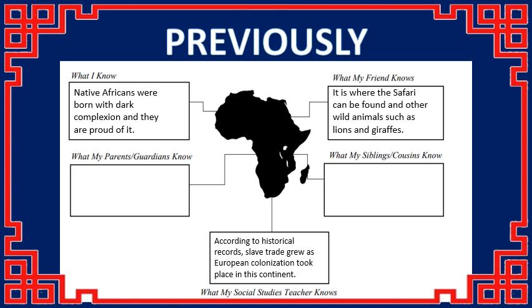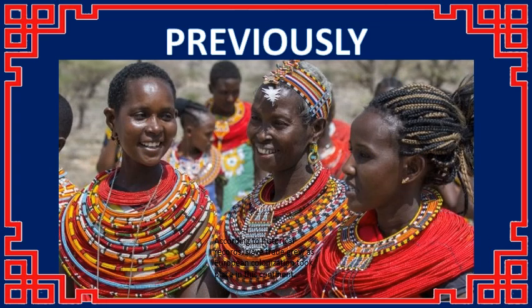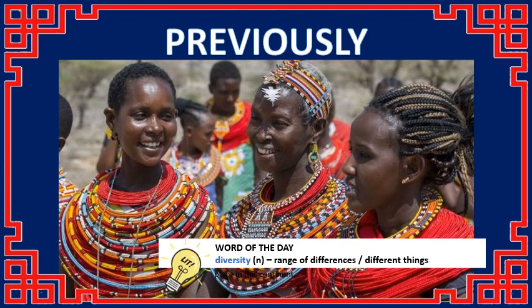Also, according to historical records, slave trade grew as European colonization took place in this continent. However, despite our cultural differences, we can say that Africa is a proud country full of cultural diversities.